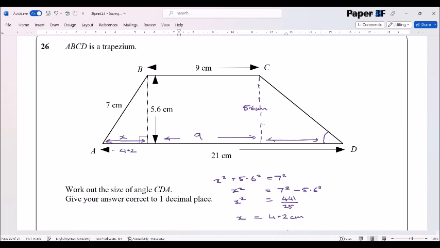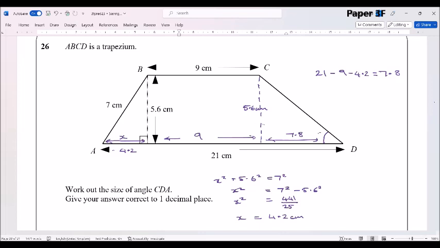So now we just got to find the length that we want. We're just going to do 21, because that's the length of the whole thing, minus 9 minus 4.2. Comes out as being 7.8. So that's 7.8.